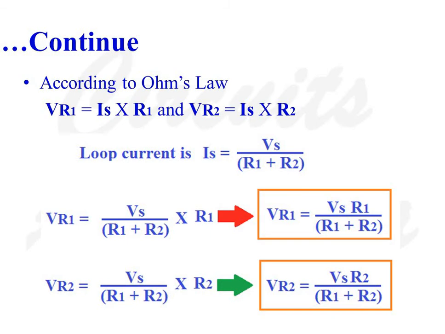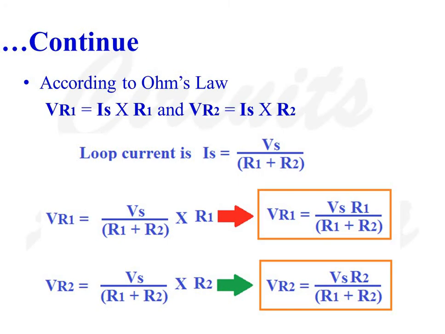So according to Ohm's law, VR1 is equal to Is into R1 and VR2 is equal to Is into R2. Loop current is given as Is is equal to Vs divided by R1 plus R2. Therefore, VR1 is equal to Vs divided by R1 plus R2 into R1.